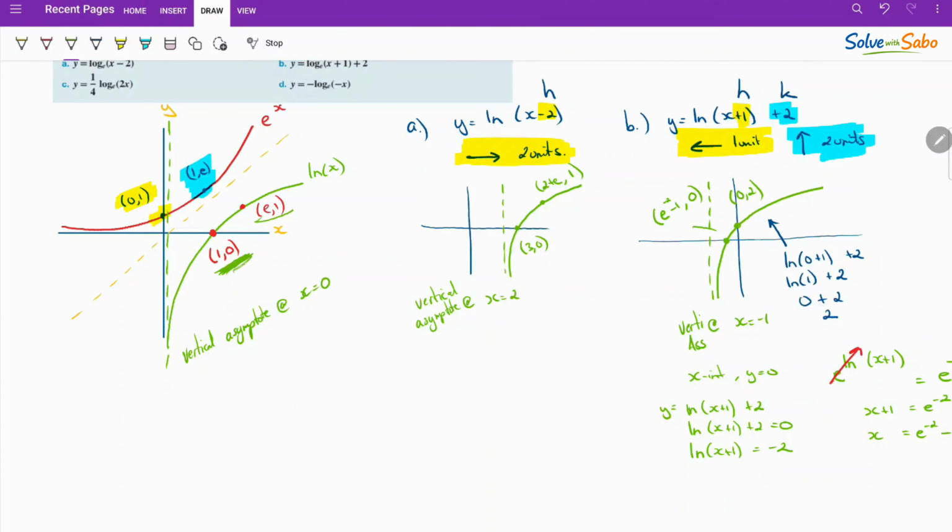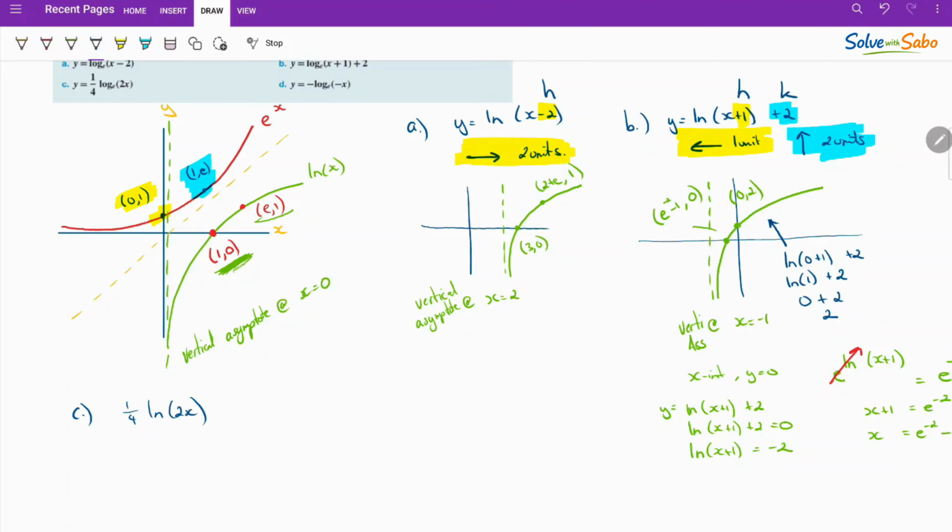C, 1/4 ln of 2x. So before we had an h and a k, now we have an a and a b.